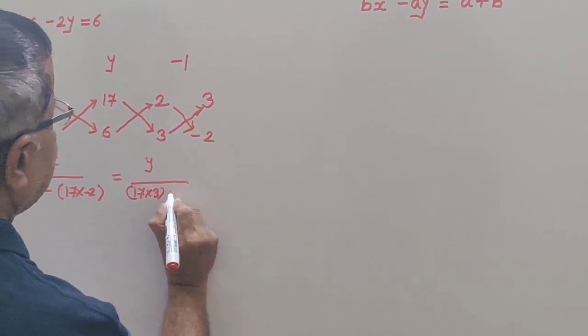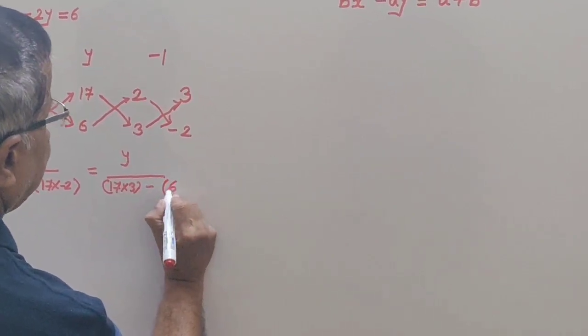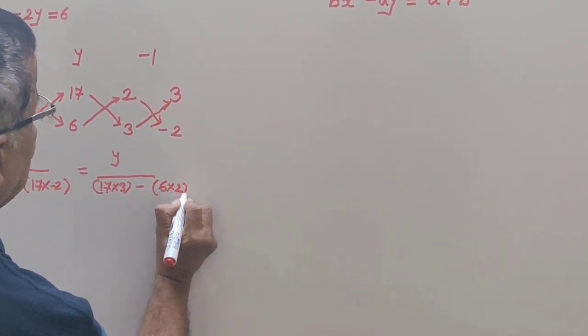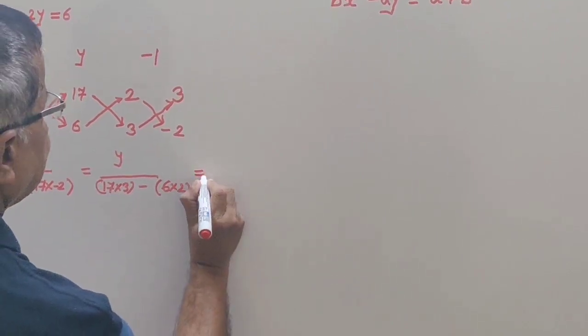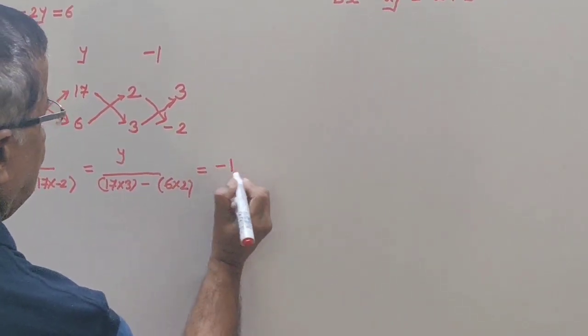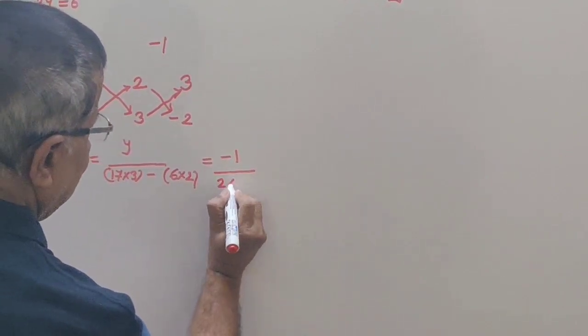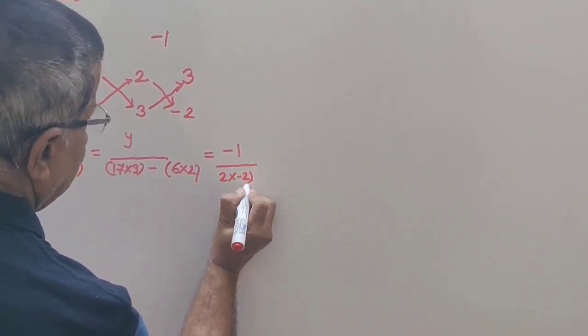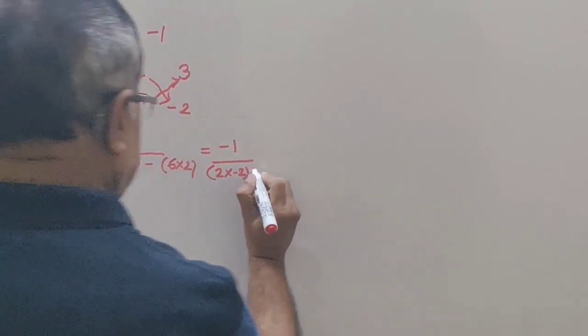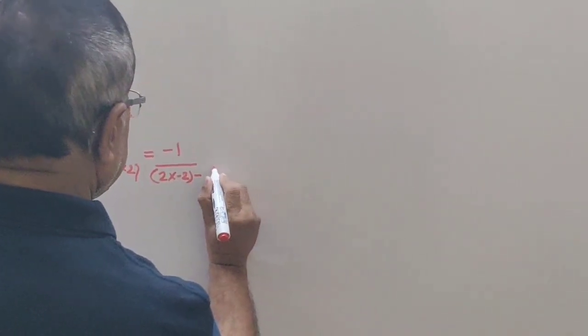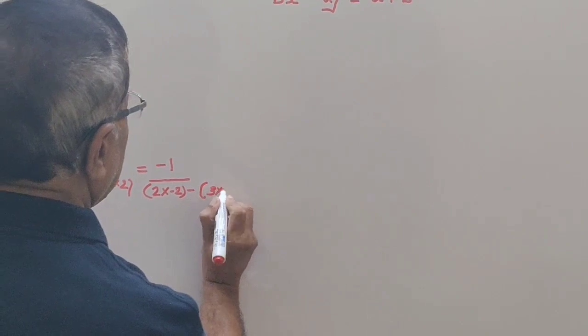Then again I will put a minus sign here and write down 6 into 2. Now is equal to minus 1 upon, I will write down 2 into minus 2. The minus sign is between them, 3 into 3.